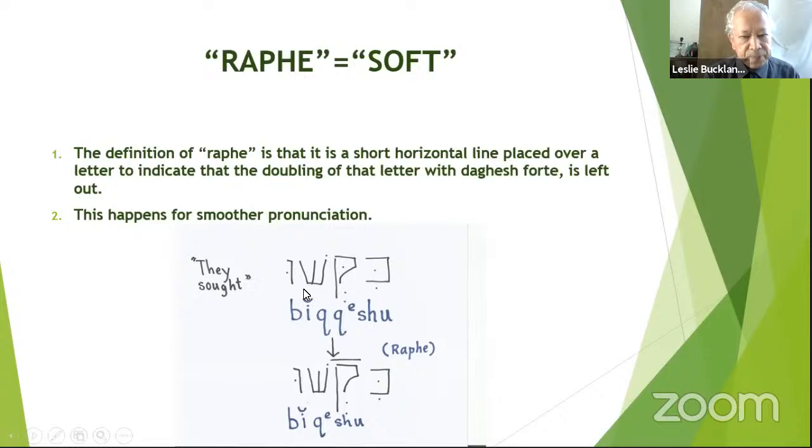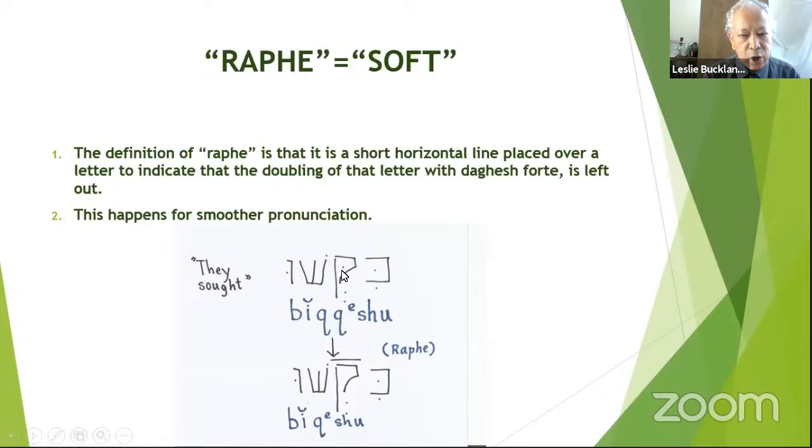And here's the example. Here is the Hebrew verb bikeshu. You have beth, which is our B, short hirik, which is a dot under the beth, which is a short I sound, E. You have kof, which corresponds to our English Q. There is a dagesh forte in the middle or heart of the consonant, indicating that this consonant should be doubled or repeated.